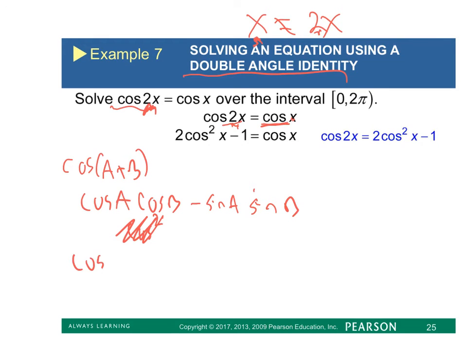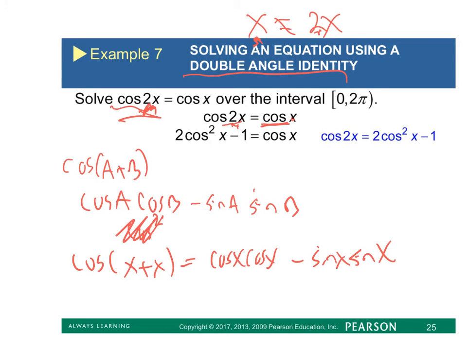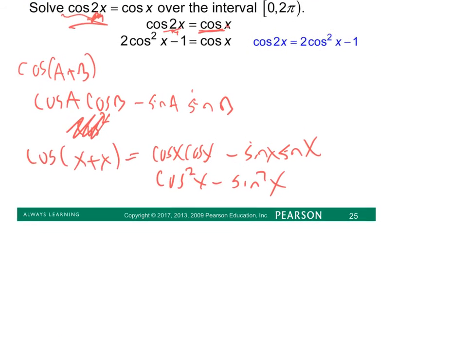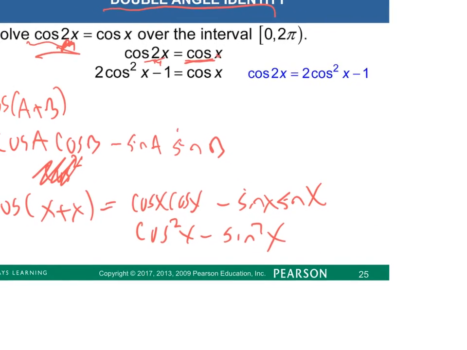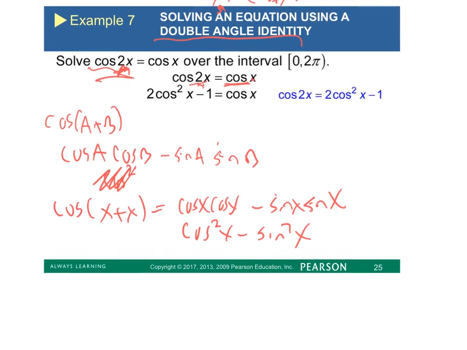If it was cosine of x plus x, which is what this is, that gives you cosine x times cosine x minus sine x times sine x. That's cosine squared x minus sine squared x. And then we did what? That's one of the identities we could have used.